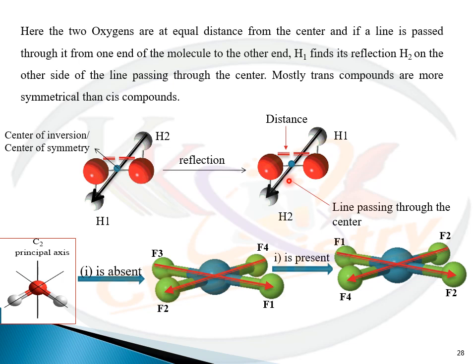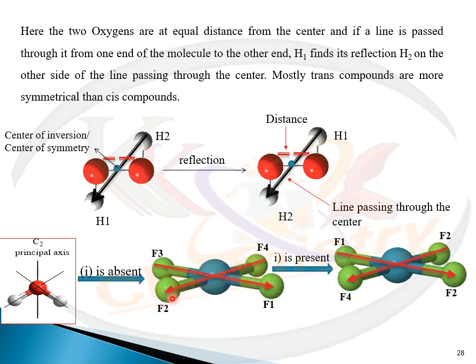This line is called the center of inversion. Okay, in water molecule, inversion is absent. In the xenon tetrafluoride, you can see an inversion center and two lines passing through this center.